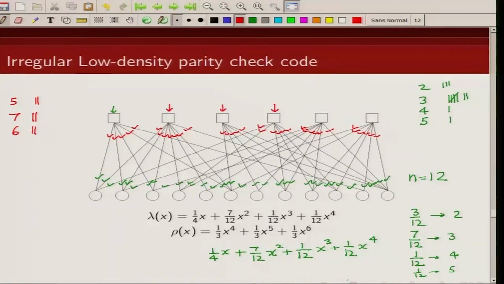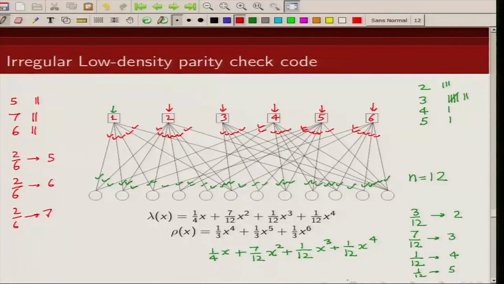So, you can see out of these, and what is the total number of parity check equations? These are 6, 1, 2, 3, 4, 5 and 6. So, then the fraction of parity check equations where 5 bits are participating is 2 by 6, and the same is the ratio for 6 and 7.